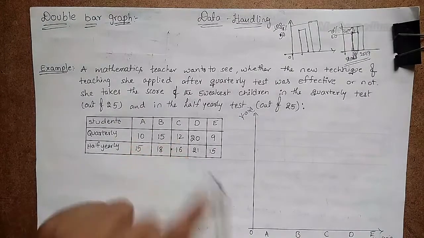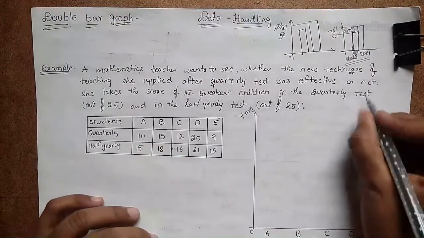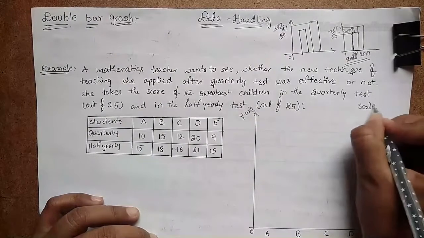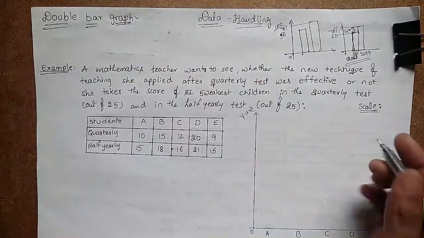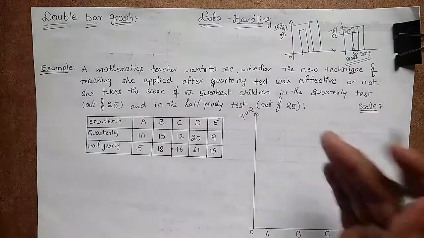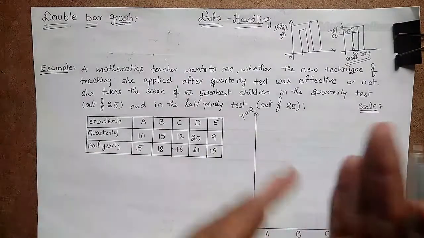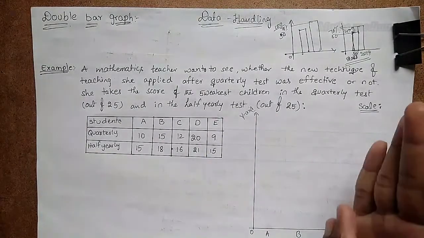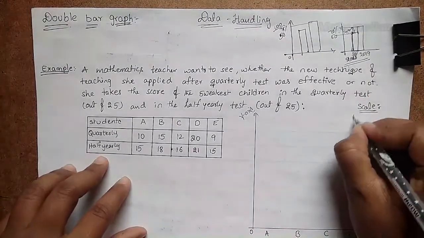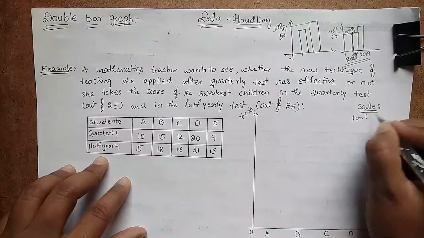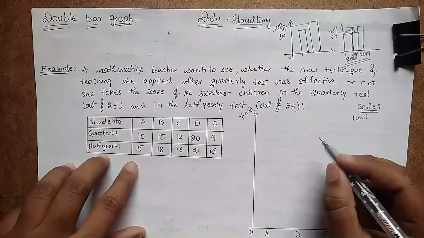Next, these are the marks. Out of 25, we have to take a scale. Scale is the main requirement for any graph. We have to take the scale because how we represent the data through the bars depends on it. So the scale must be written. 1 unit, that means 1 centimeter or whatever you like.